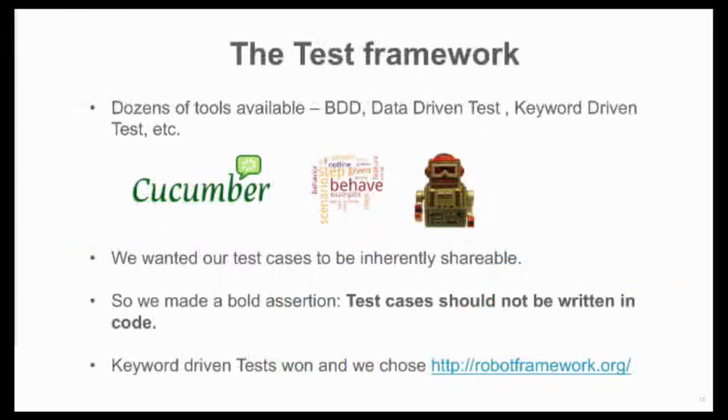And then, of course, comes the test framework. There are dozens of test frameworks that are available. And some of you would be aware of a lot of the behavior-driven test frameworks, especially things like Cucumber or Python Behave, etc. Or if you are more on the RSpec side, you would have similar examples there as well.